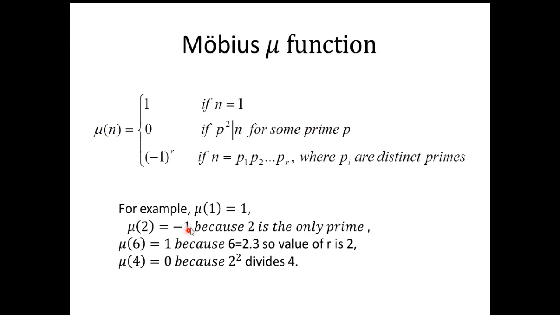For example, mu(1) is 1, mu(2) is -1 because 2 is the only prime, so -1 to the power 1. Mu(6) is 1, because 6 is 2 into 3, so the value of r is 2. Mu(4) is 0 because 2 square divides 4, so mu(4) is 0.